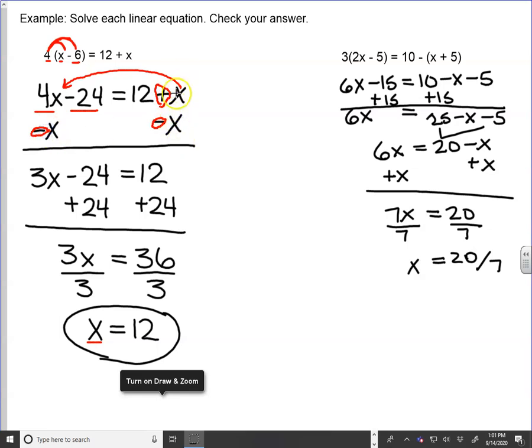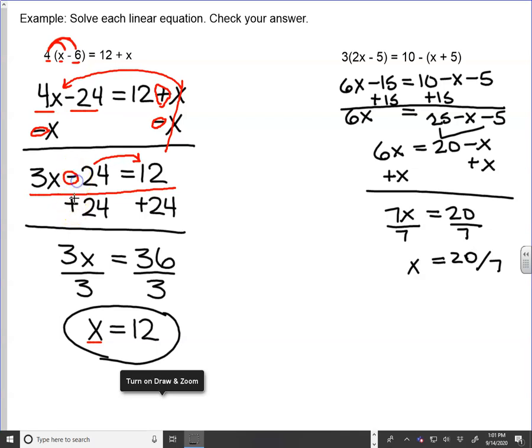So when I subtract, these cancel out, right? And 4x minus x gives me 3x. So now I've got 3x minus 24 equals 12. Now I want to get this constant, this number, to go over with this number. So I'm going to do the opposite again.